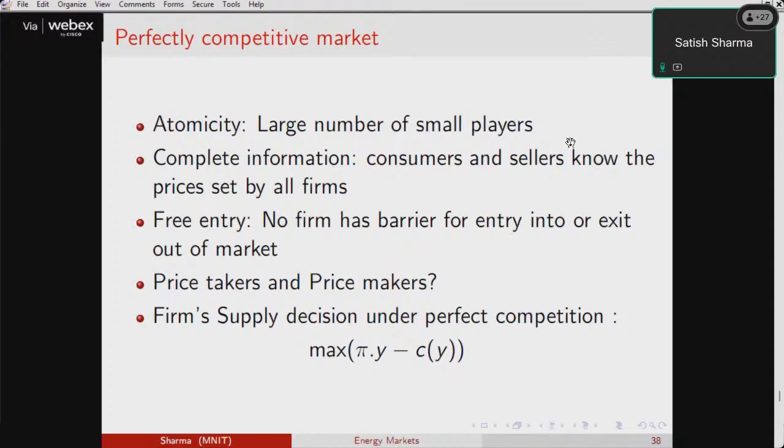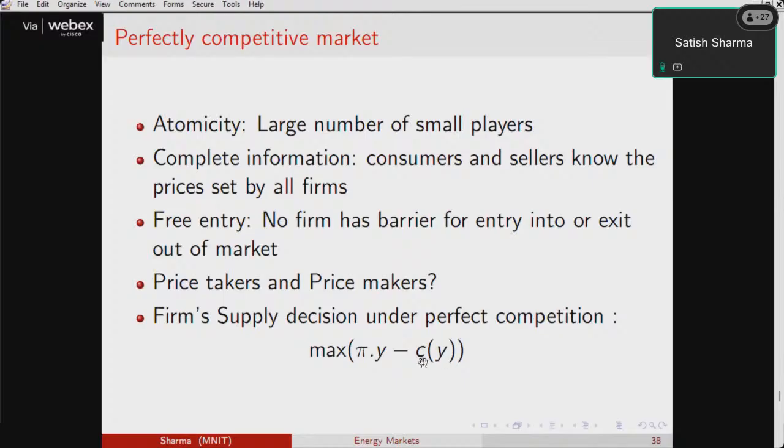If everyone is a price taker, then the firm's supply decision under perfect competition is very simple. Irrespective of what demand is doing, or what other firms are doing, it will simply be maximization of profit. In the equation here, pi is the market clearing price and y is the quantity, so price times quantity is the revenue, minus the cost function of quantity y.